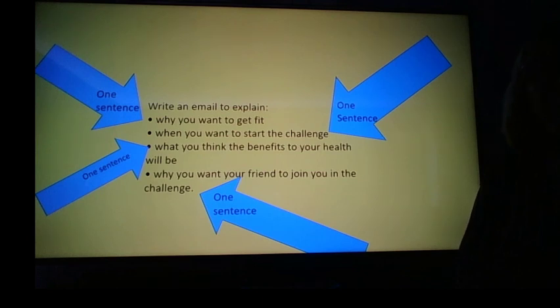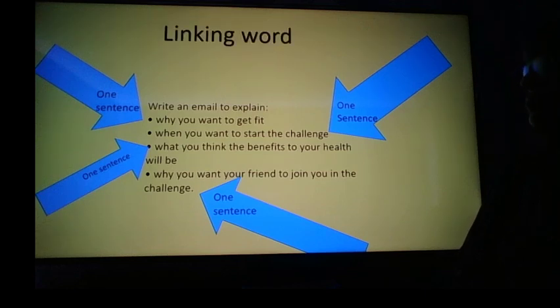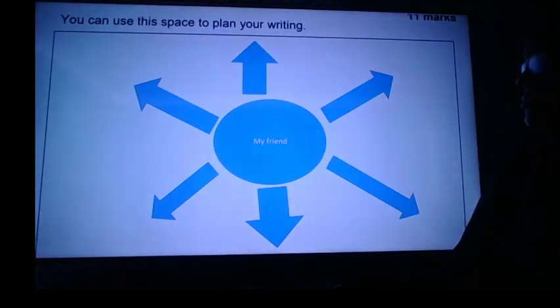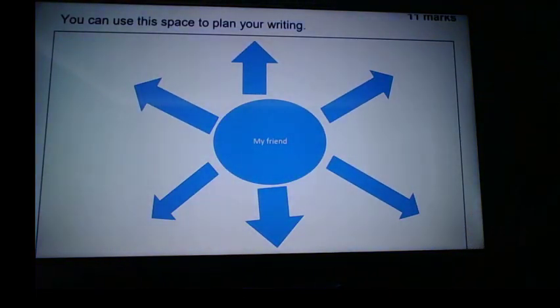So do practice thinking, if I was asked to write about what it is like to stay at home during this time we have to be at home, what would I write? If I'm asked to write about getting fit, what would I write? If I'm asked about being healthy, what would I write?